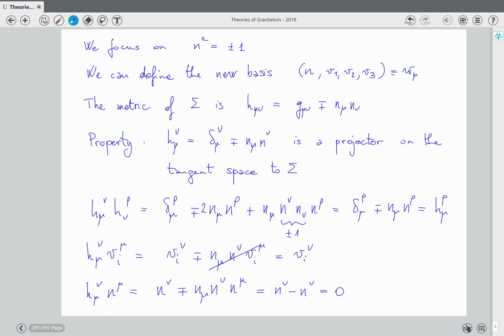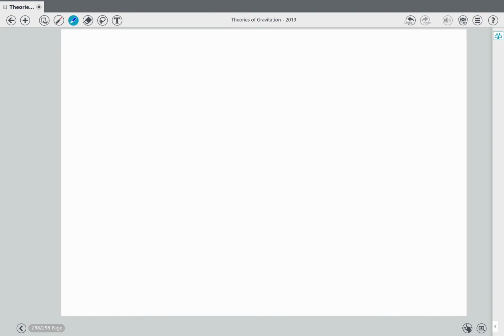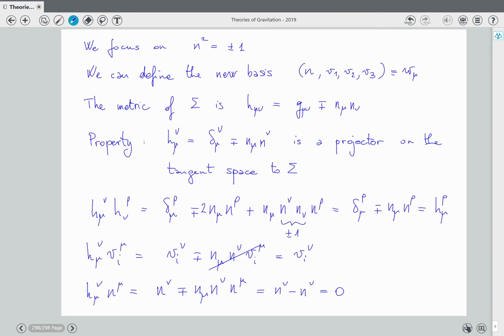What can we do with that? We can show that this is the metric of sigma more explicitly. That is a 4x4 matrix. So, well, let us consider h tilde mu nu, which is h, this thing that we have written here.